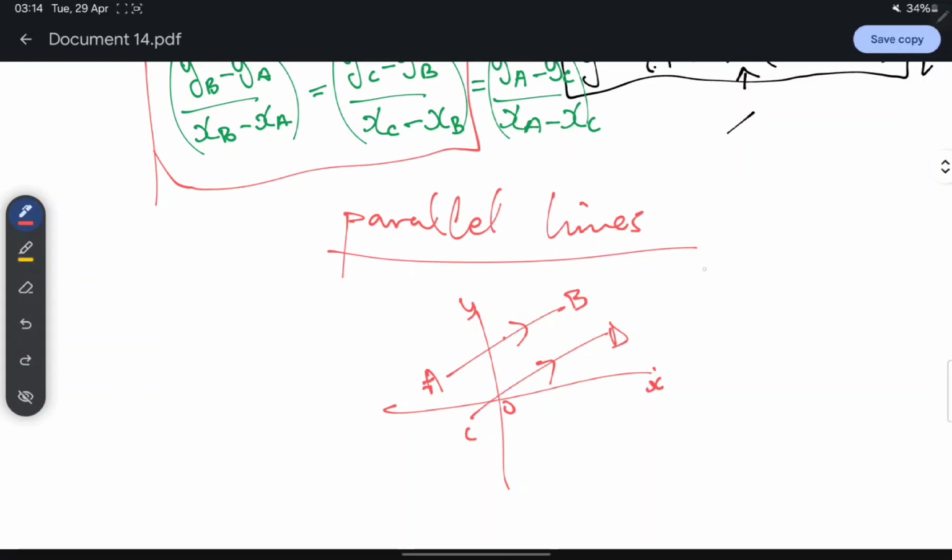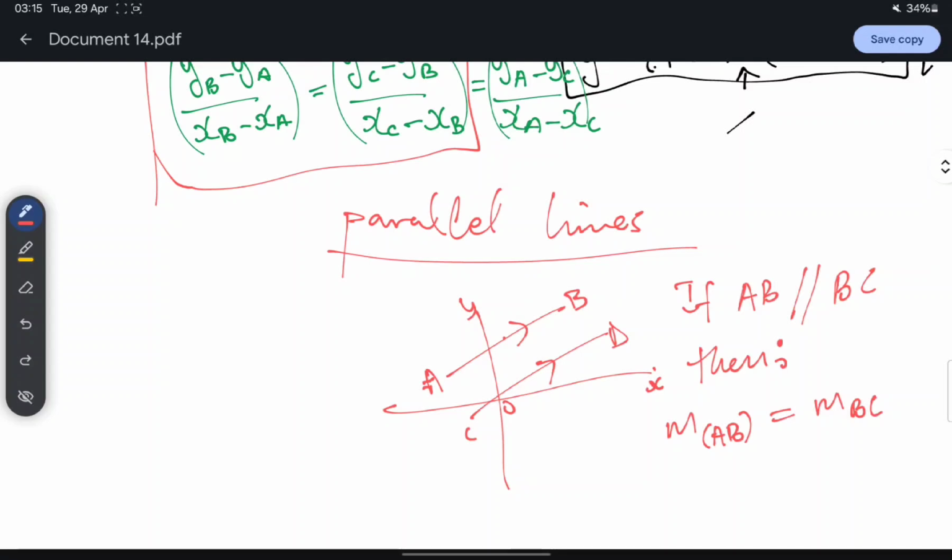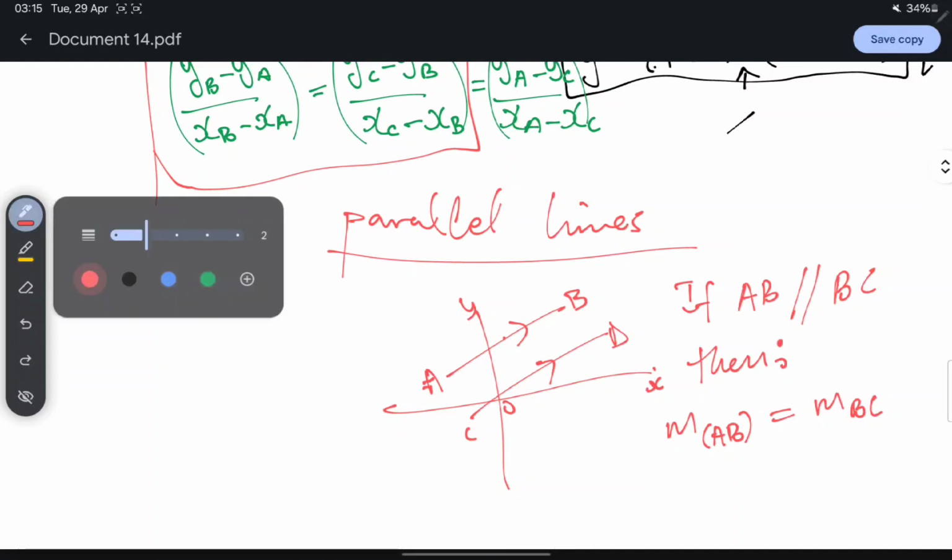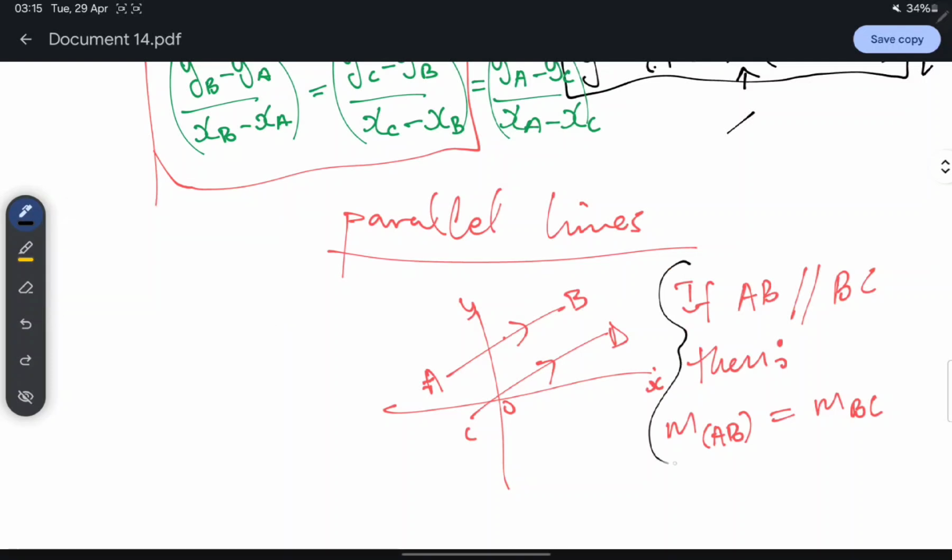So if AB is parallel to BC, then the gradient of AB is equal to the gradient of BC. Alright, which means by finding one gradient you can find the other if those lines are parallel to each other.